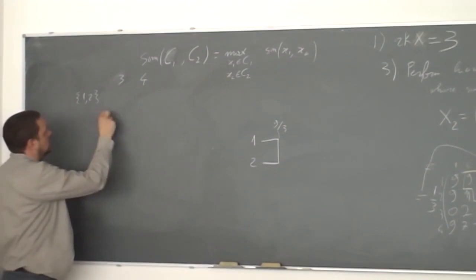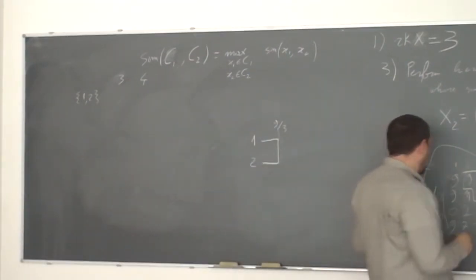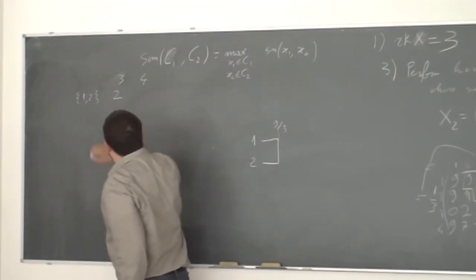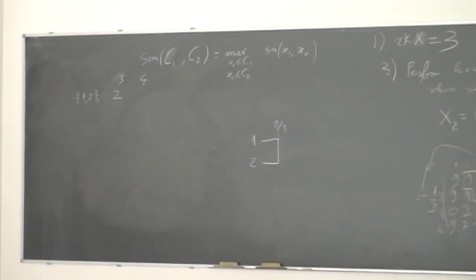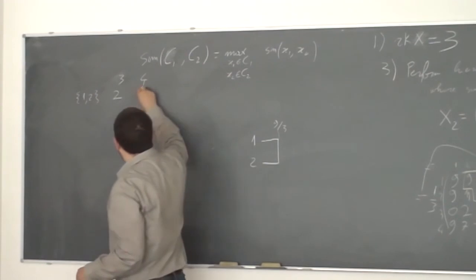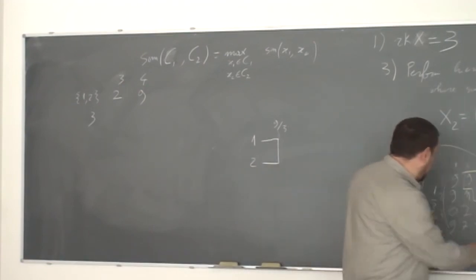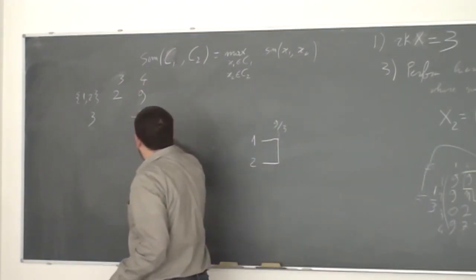The similarity between 1, 2 and 3 is the largest between the similarities of 1, 3 and the similarities of 2, 3. 1 and 3 are 0, 2 and 3 are 2, so this similarity is 2. The similarity between the cluster 1, 2 and document 4 is the largest between the similarity between 1 and 4 and the similarity between 2 and 4, which is 9. What's left out is the similarity between 3 and 4, which is -2.